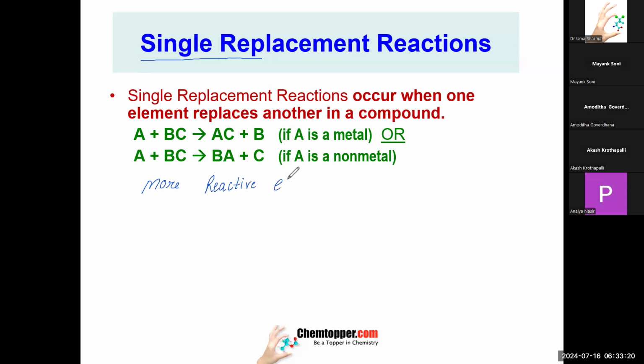A more reactive element can displace, or kick out, a less reactive element, like a more powerful person can kick out a weaker person from his chair, from his position. This is the game of the word. More reactive element can displace less reactive element from its compounds.